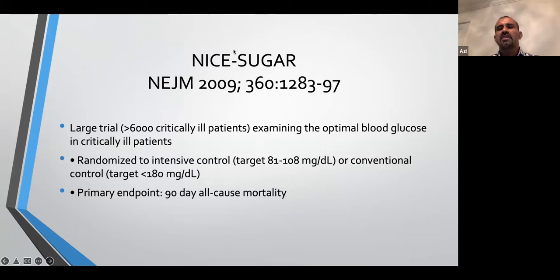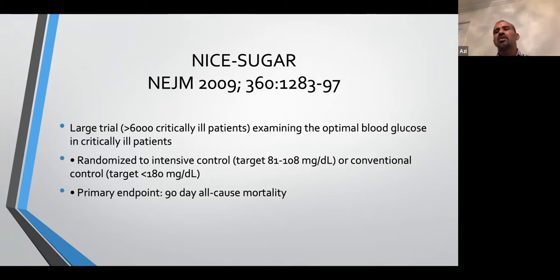What they found was that intensive glucose control of 81 to 108, versus conventional control, in patients critically ill and admitted to the ICU, the target of 81 to 108 showed the best outcome.